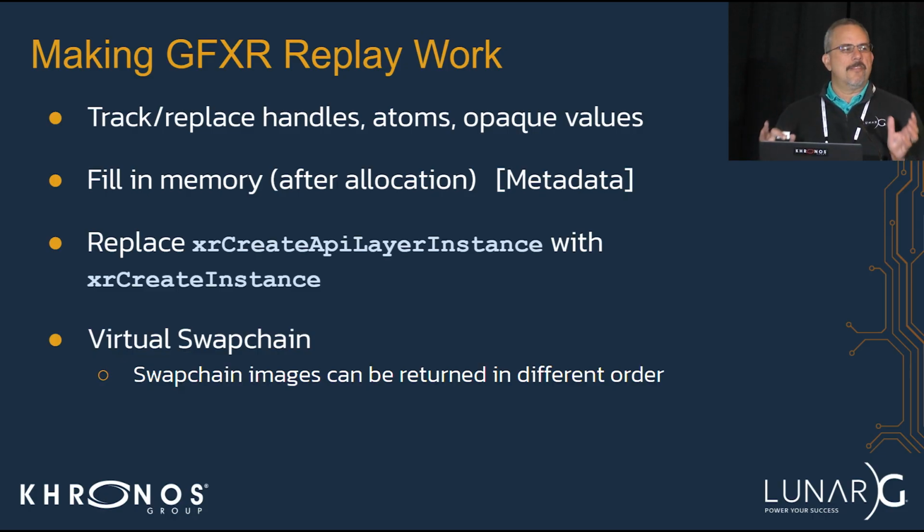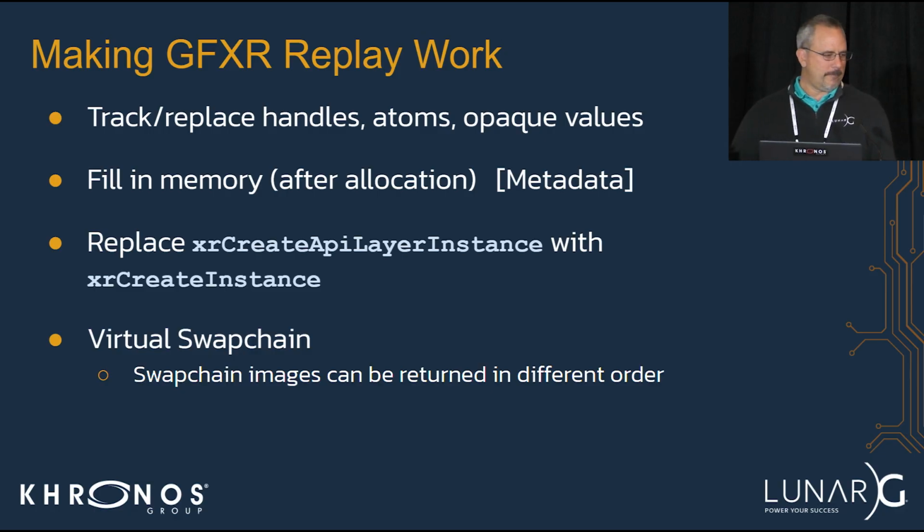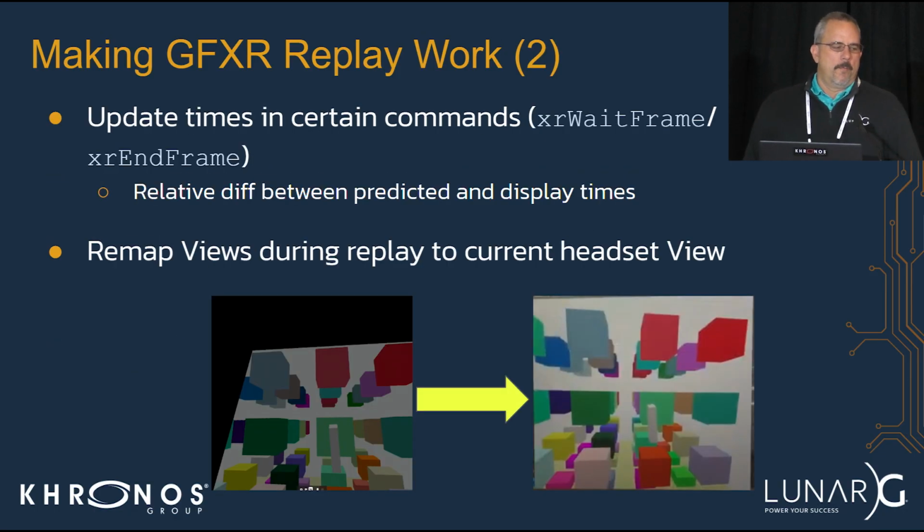So we have to virtually simulate the behavior of the capture swap chain during replay. Certain OpenXR commands use times based on certain events. So we actually have to figure out what those relative differences are from various points and update those for the replay for everything to render correctly.